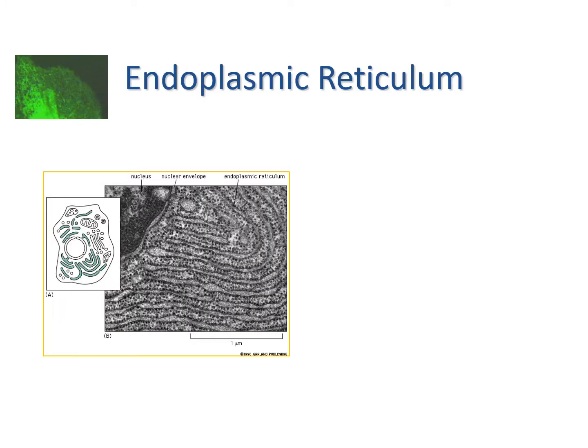Here's the ER, endoplasmic reticulum. There's a nuclear envelope, and right there is the ER with the ribosomes. So there are two flavors of ribosomes that I'm sure you know: cytoplasmic ribosomes, and ribosomes attached to the ER. They call that the rough endoplasmic reticulum, because that's how it looked to people viewing the ER.